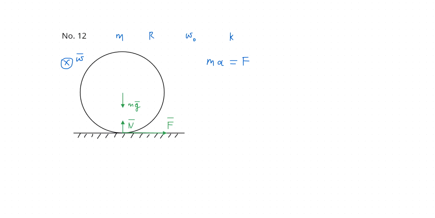Maybe you can remember Amontons-Coulomb's law, or the law of friction. It will be something like this: F, the force of friction, its absolute value, is equal to the coefficient of friction, K, multiplied by the absolute value of the normal reaction.